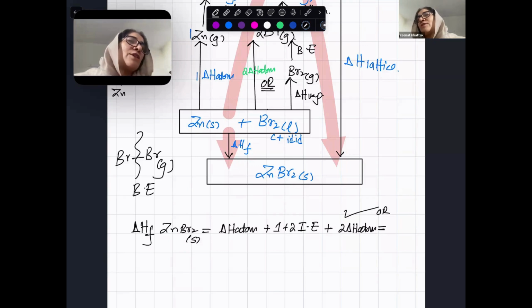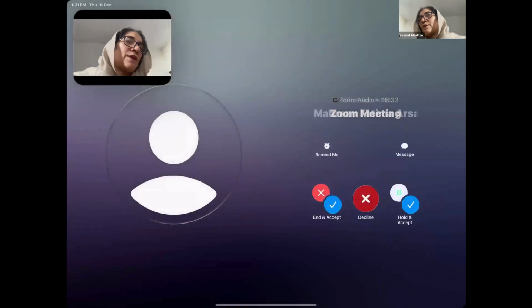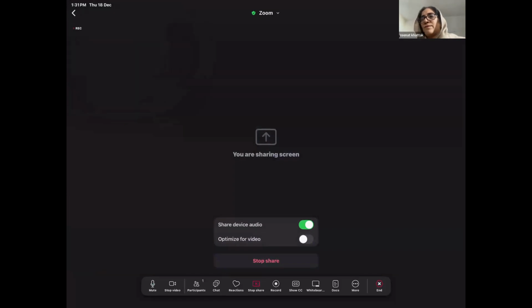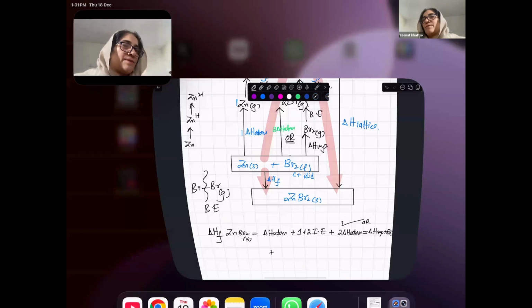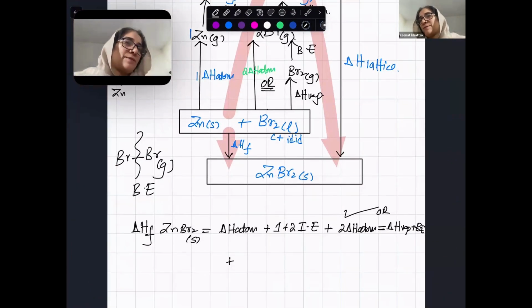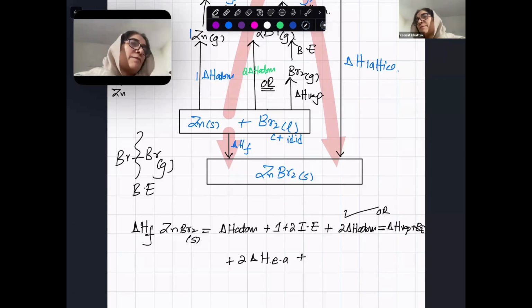vaporization plus bond energy, plus 2 times delta H electron affinity, plus delta H lattice, right?